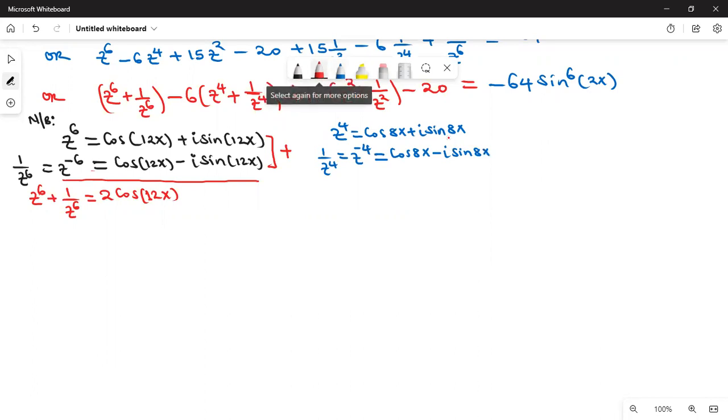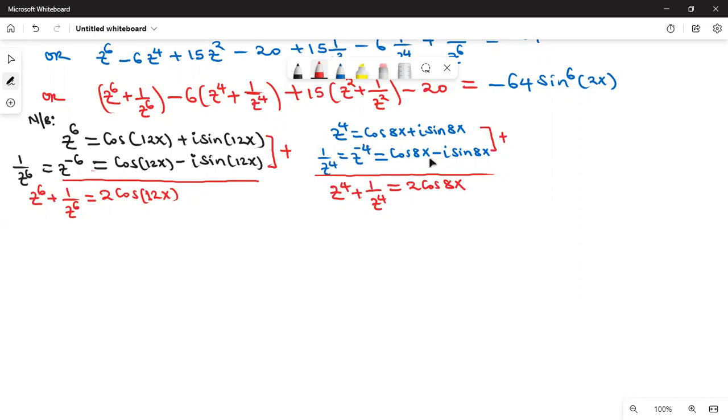Again, I'm going to add these two. When I add them, I'm going to get z raised to 4 plus 1 over z raised to 4 to give us 2 cosine of 8x.